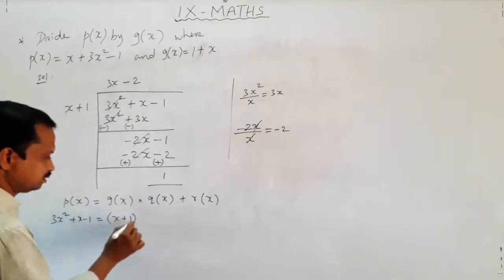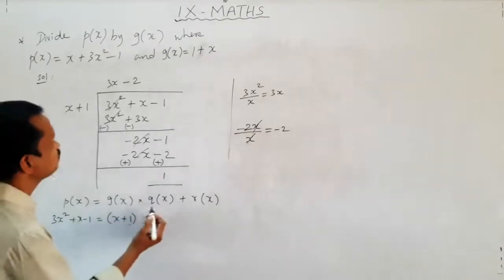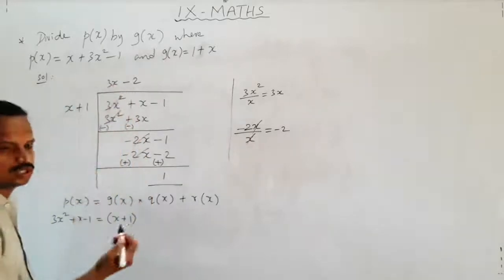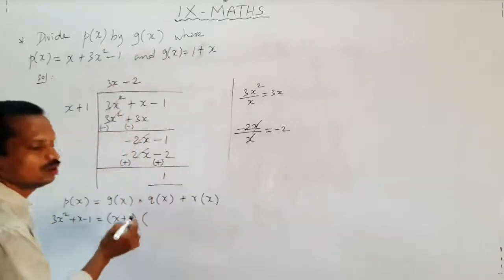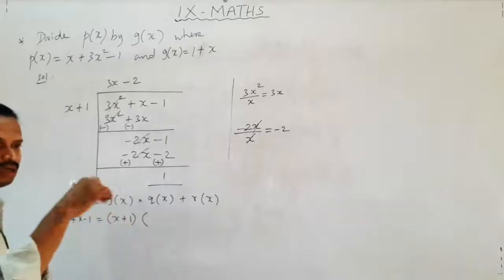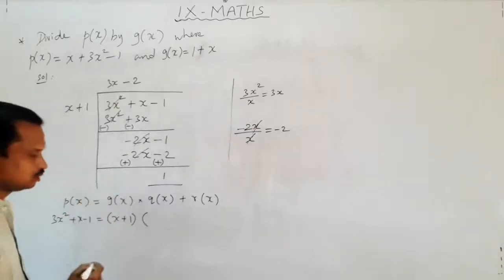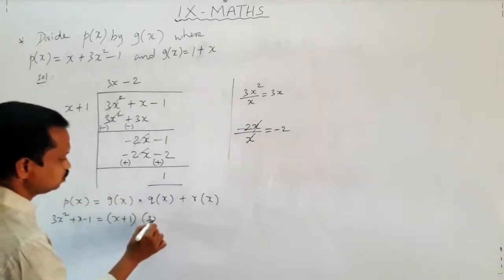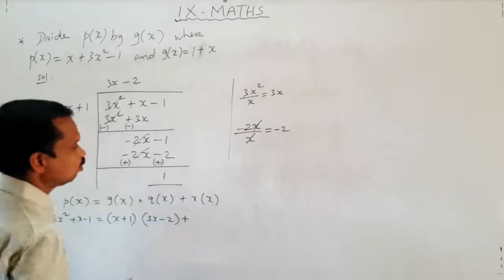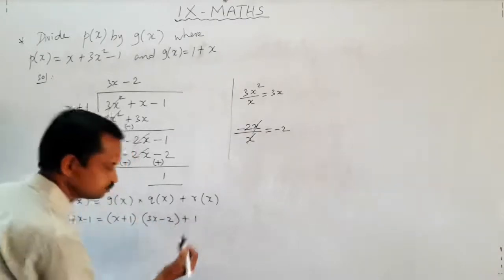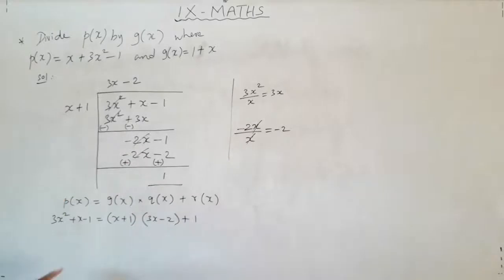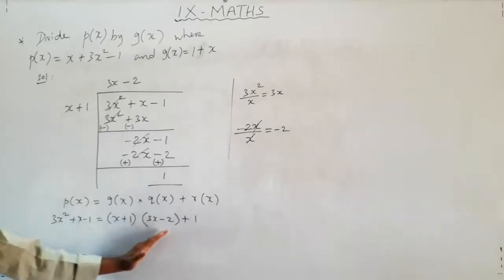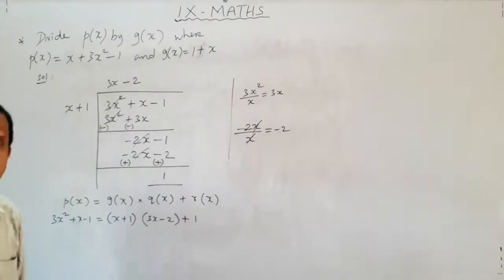So we have to put a bracket, and then the quotient is 3x minus 2. No need to write the multiplication sign here because we are writing within the bracket. So 3x minus 2 plus what is the remainder? 1. That's all. So 3x square plus x minus 1 is divided by the divisor x plus 1, and the quotient is 3x minus 2, and the remainder is plus 1.